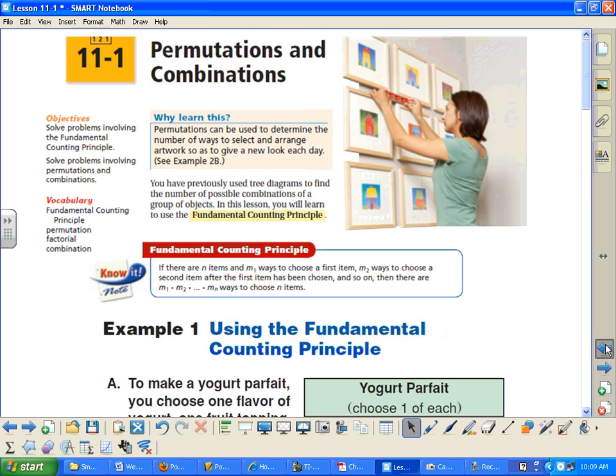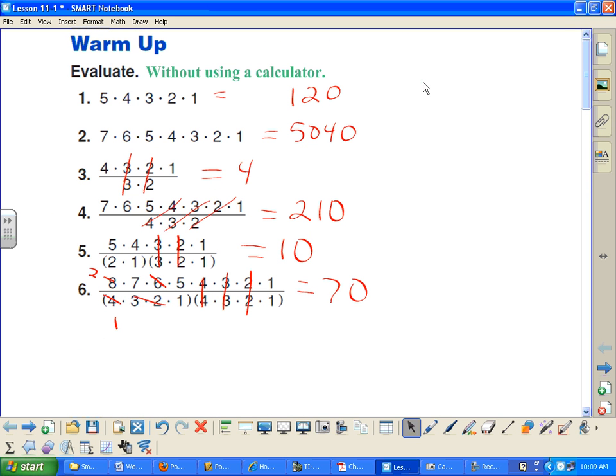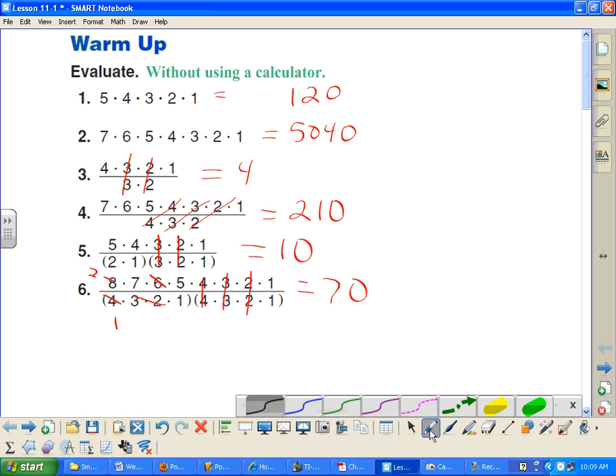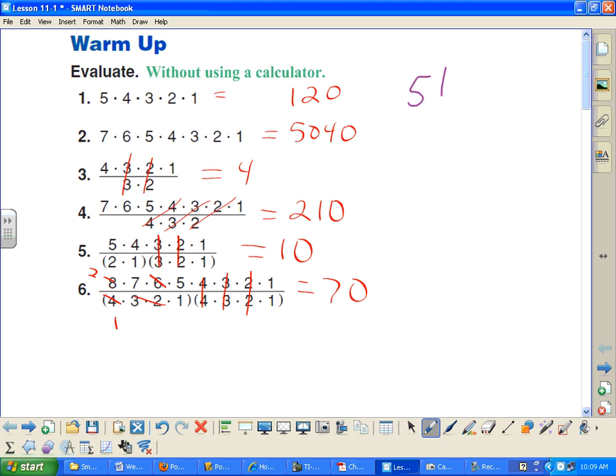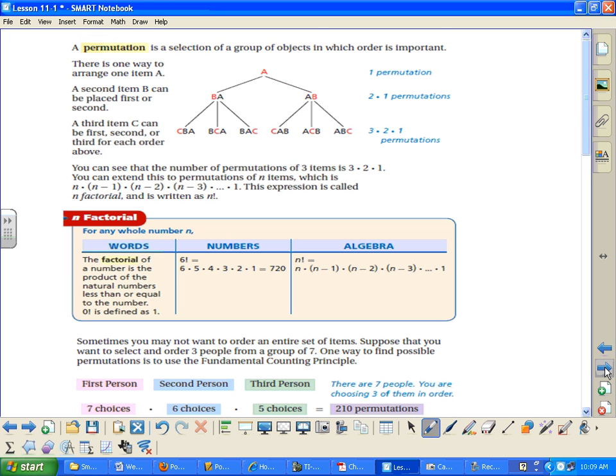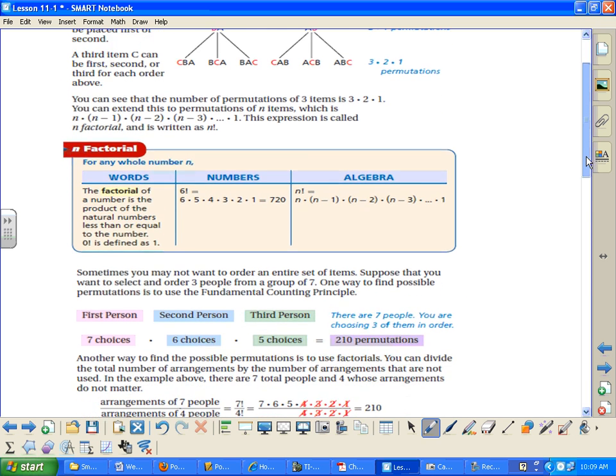This was 5 factorial, because it starts at 5 and multiplies all the numbers down to 1. And this was 7 factorial, because it started at 7 and went down to 1. So you can look at, like number 4 has 7 factorial divided by 4 factorial. And those are helping us with what we're going to be doing.